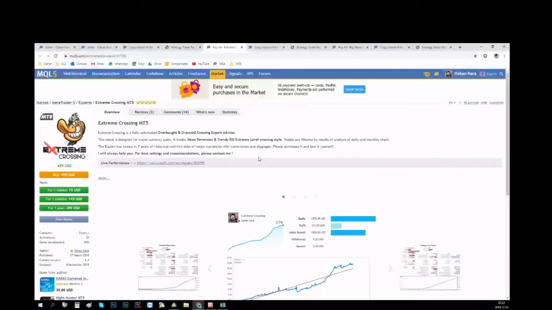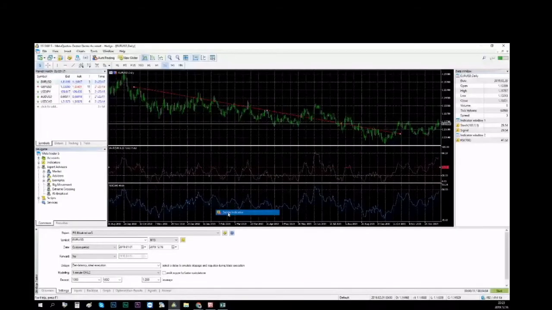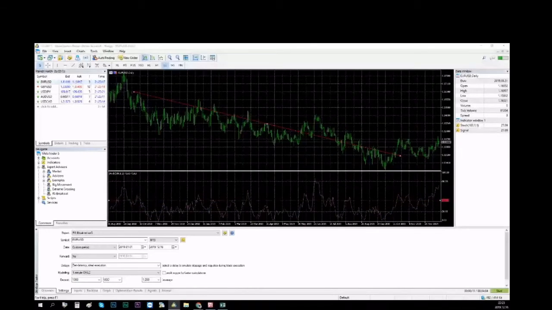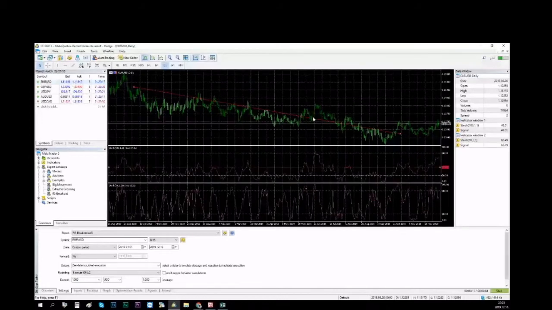I want to show you some indicators, and I think it will be good when showing these indicators. For example, this system goes like that.